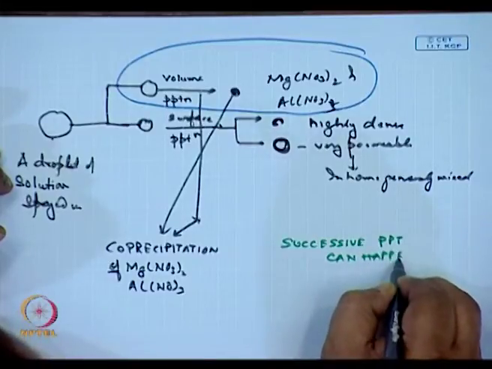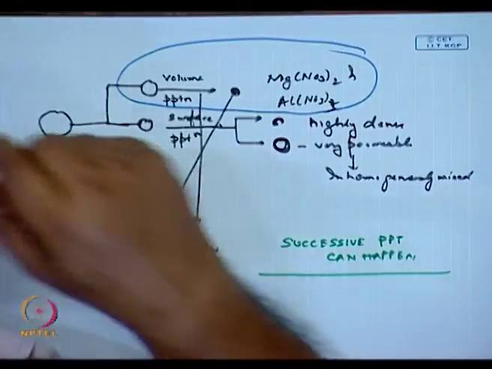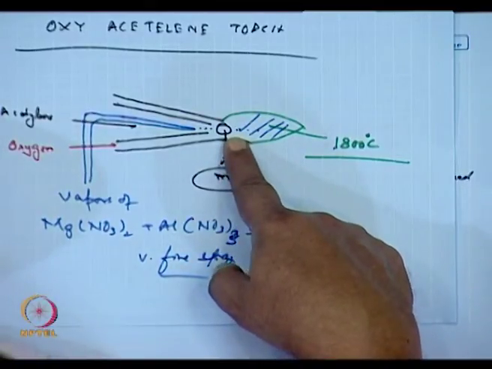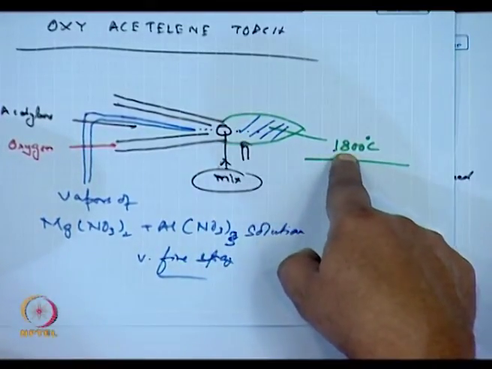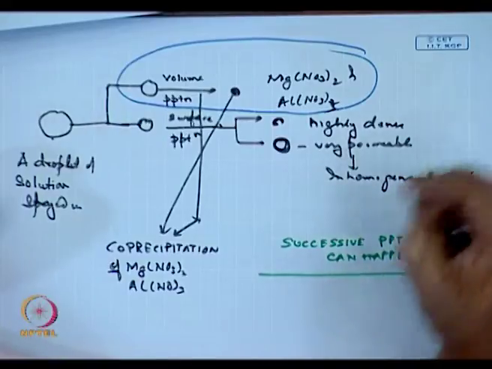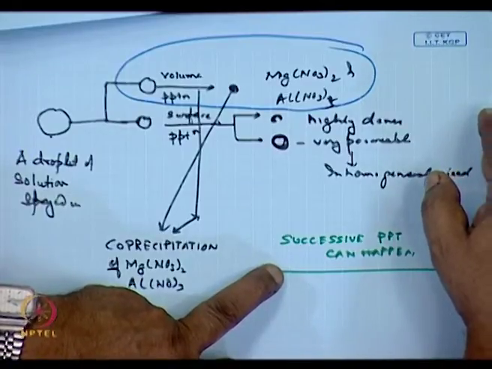So, even though in this particular case of spray pyrolysis we have injected very fine mists of solution of magnesium nitrate and aluminum nitrate, and our degree of heating is very high, yet in some cases, if we are not careful, successive precipitation can happen.